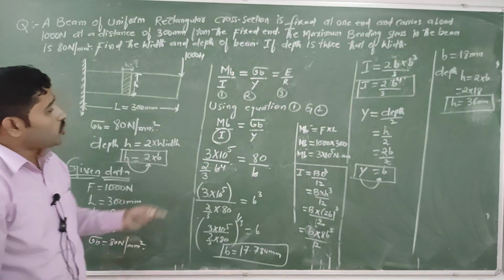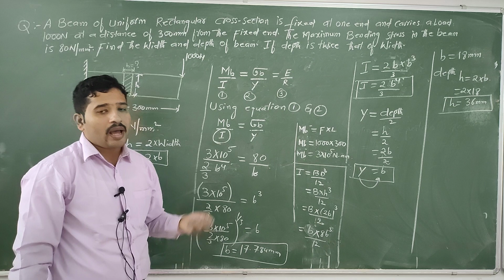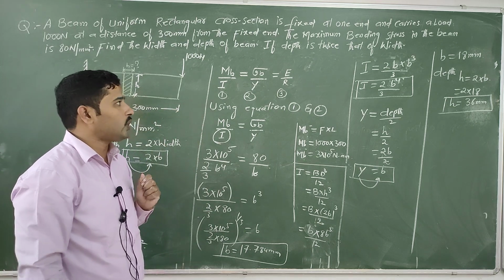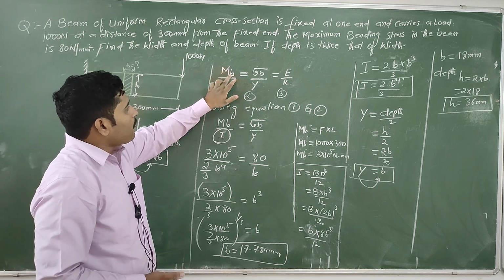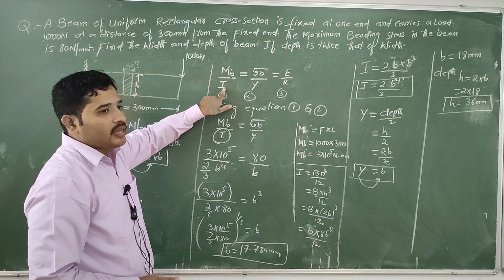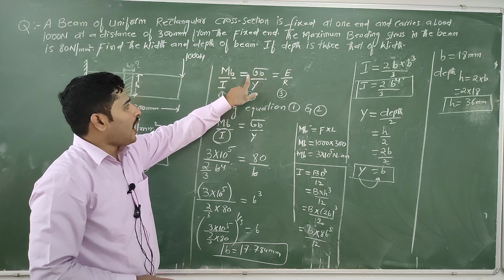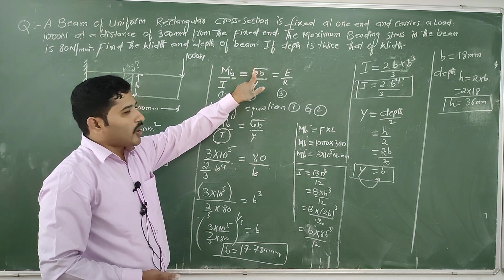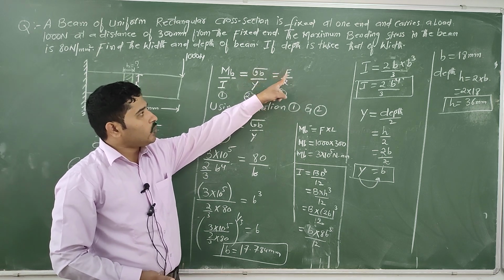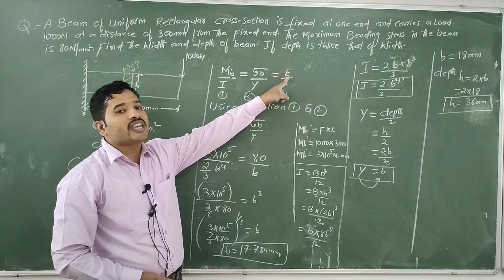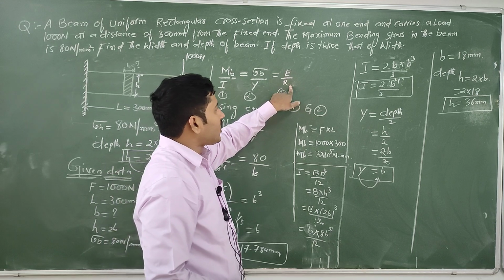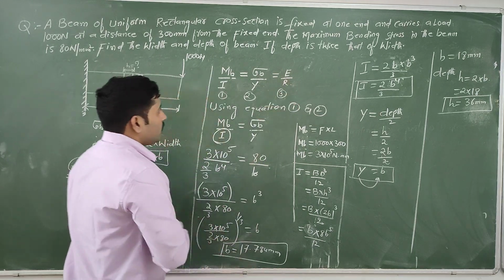So we have to use the bending equation formula: Mb by I is equal to sigma b by y is equal to E by R. Mb indicates the bending moment, I is the moment of inertia, sigma b is the bending stress, y is the distance of the extreme outer fiber, E is the Young's modulus or modulus of elasticity, and R is the radius of curvature.